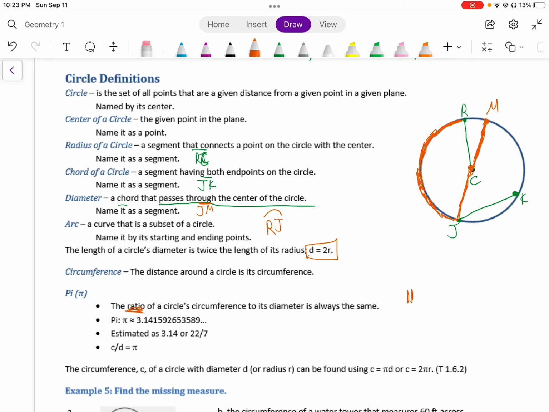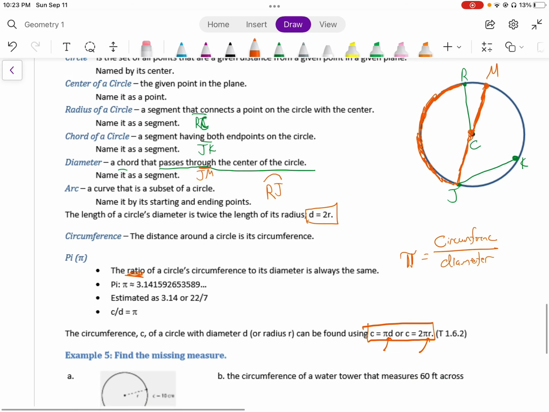So we use the symbol pi is equal to circumference over diameter. And in any circle, the circumference divided by the diameter is 3.14159 dot dot dot. It goes on forever and ever. To find the circumference, if you know the diameter, it's just pi times diameter. If you know the radius, it's 2 times pi times the radius.